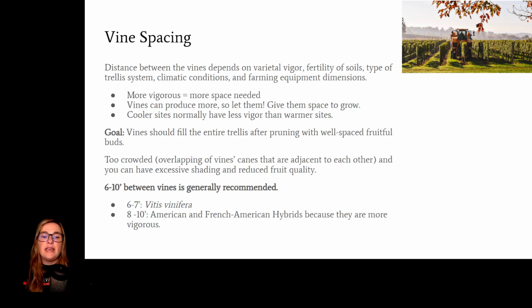So generally speaking, 6 to 10 feet between vines is generally recommended, right? So 6 to 7 feet specifically for Vitis vinifera. It's more of a lower vigor grape species. 8 to 10 feet for American and French American hybrids because they are more vigorous, right? Perfect.